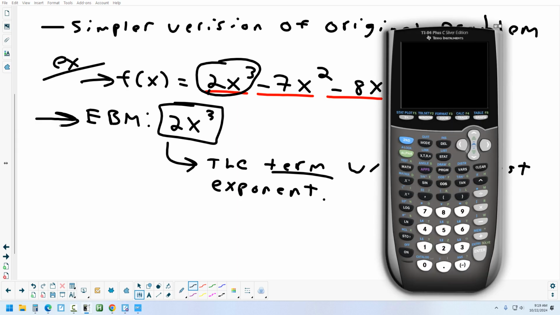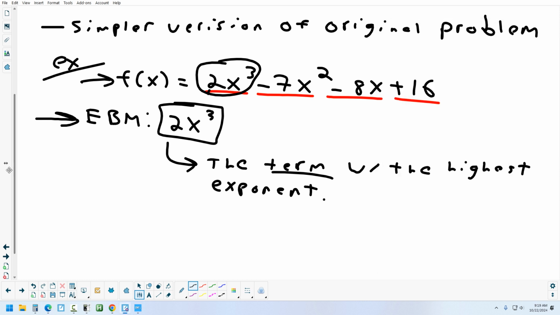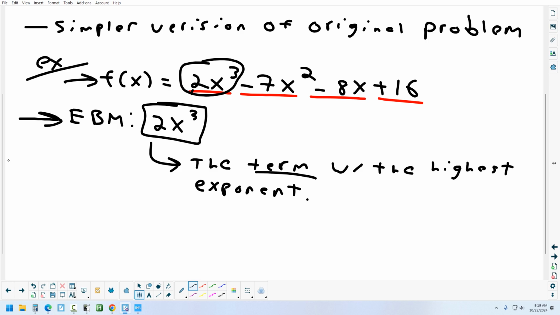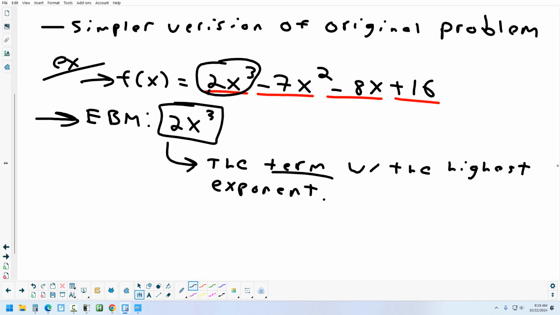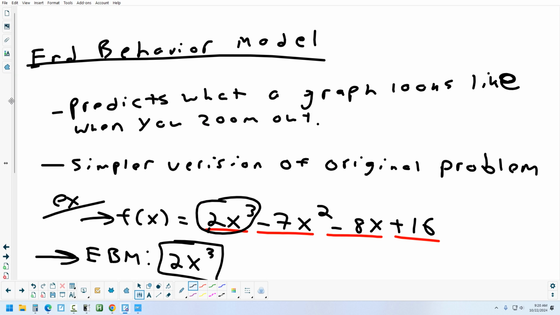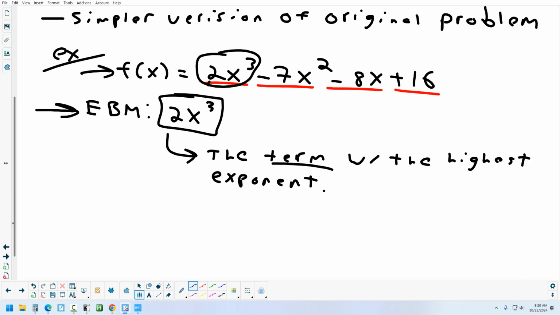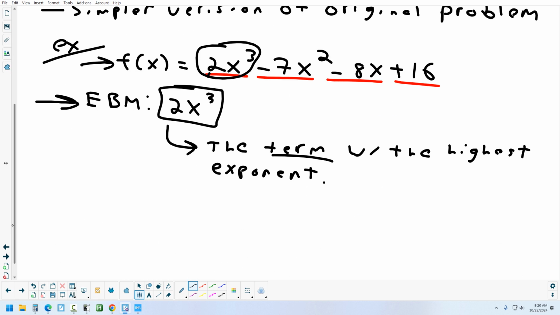So the EBM is supposed to be a simpler version of the original problem. It's not going to look exactly the same, but if you zoom out enough, then it will look the same. You've got to zoom out. All right, so let's put both of these in.